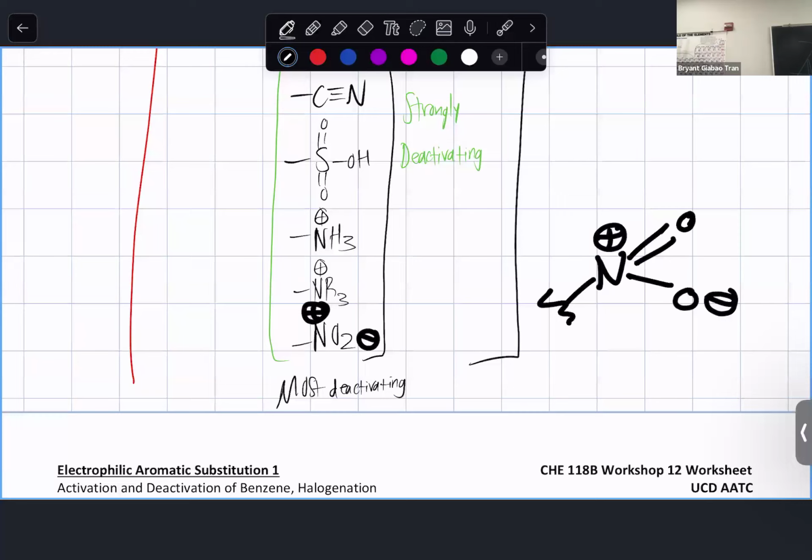That's a good catch, because these charges cancel out, so the NO2 overall should be neutral. But I wanted to show that the nitrogen itself has the full positive charge, which is the atom directly attached to the system. Ignore the oxygen with the negative charge, because that's not the atom directly attached to the benzene ring. The atom that is directly attached is this nitrogen with a positive charge.